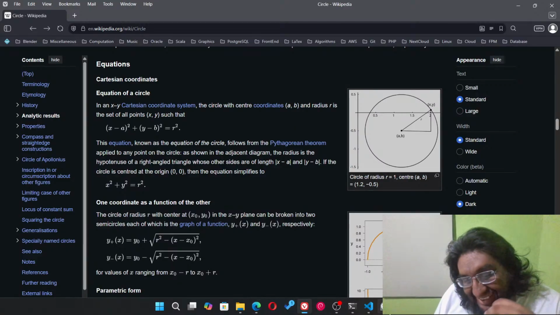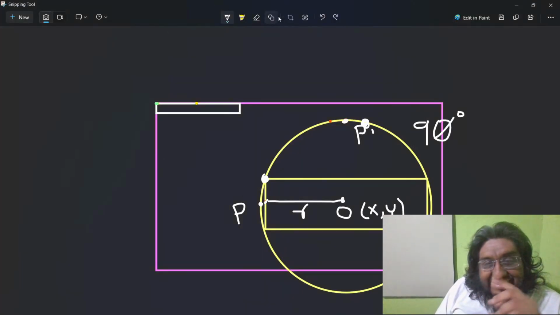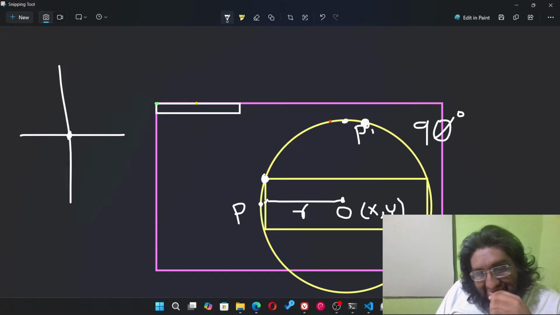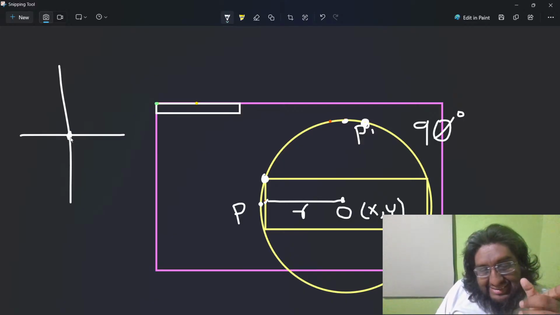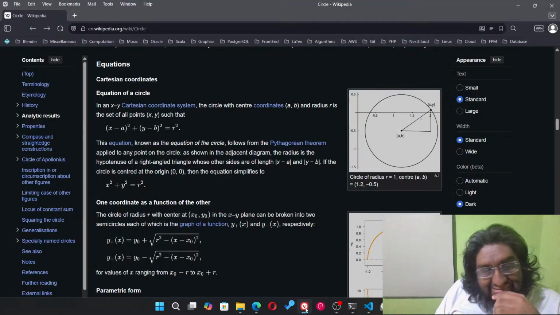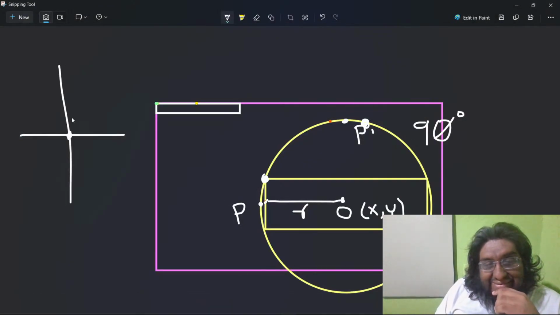I still don't understand these things, but the guy is saying that if the origin is at the center, 0, 0, then the equation goes like x squared plus y squared equals r squared. So what does that tell me?